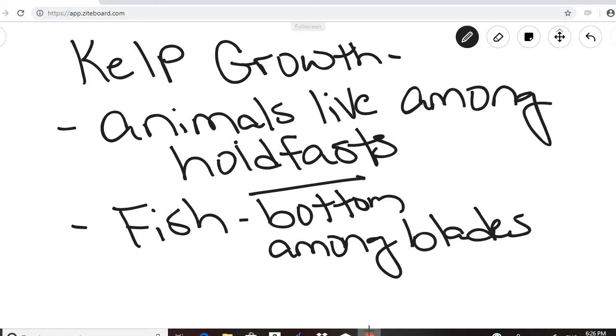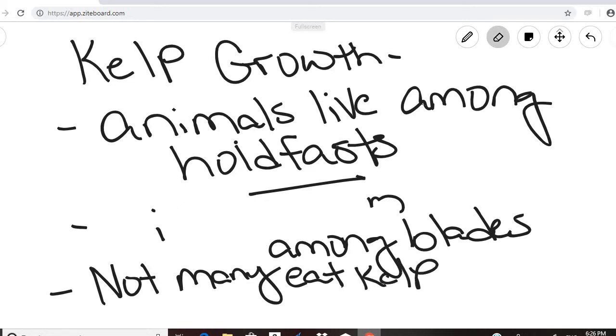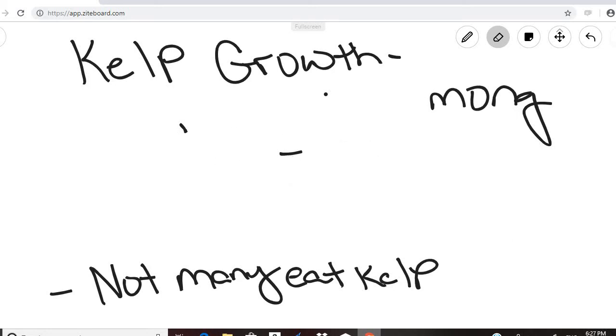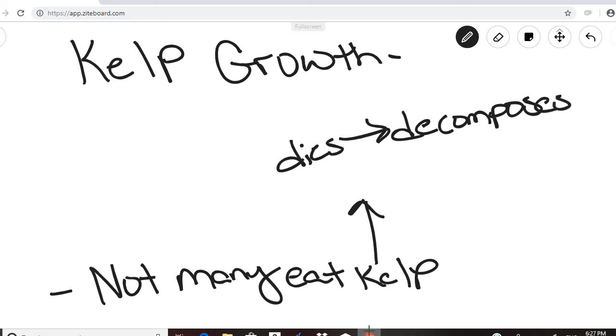There aren't a lot of organisms that eat the kelp, so not many eat kelp. However, when the kelp dies, then what happens? It decays and it decomposes. So even though they don't eat the live kelp, when the kelp dies and decomposes, then it does become a food source for organisms that live on the bottom.